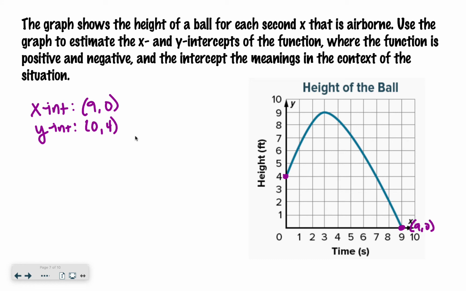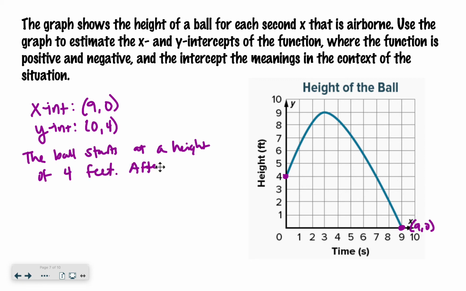What do those intercepts mean? So if I think about this, this is the height of the ball. This is how many seconds have passed. So the ball starts at a height of 4 feet. And then after 9 seconds, the ball hits the ground.